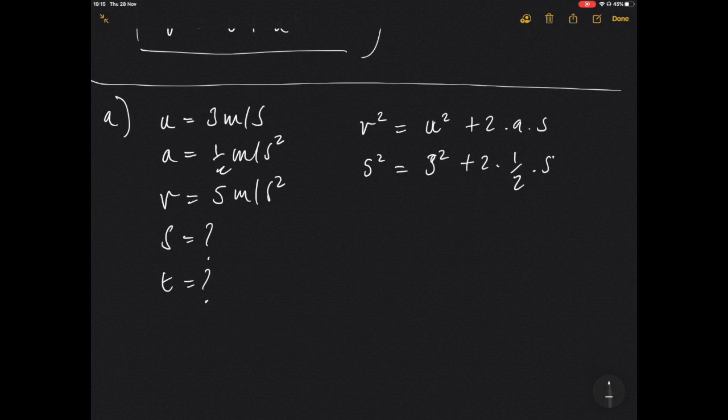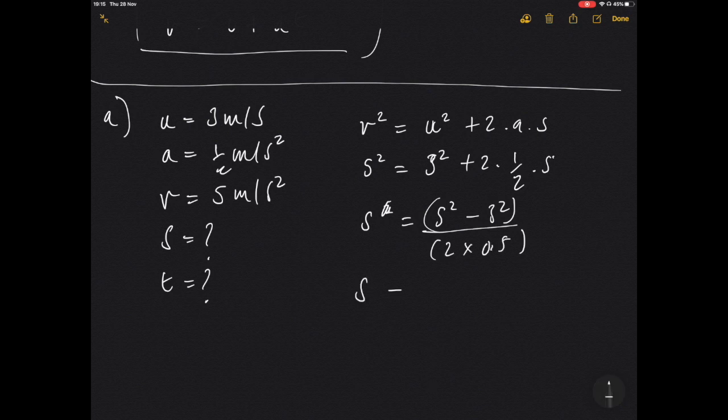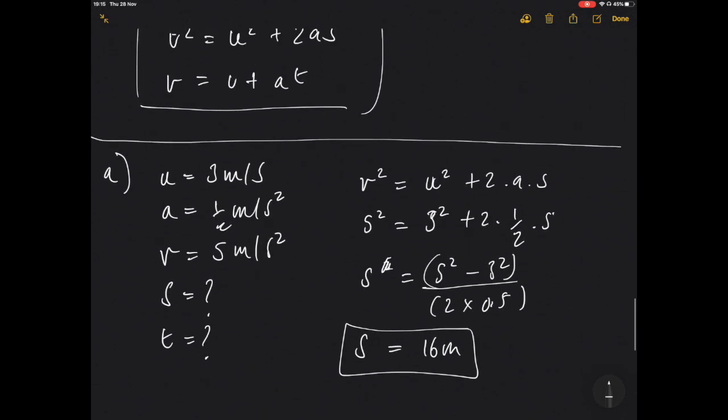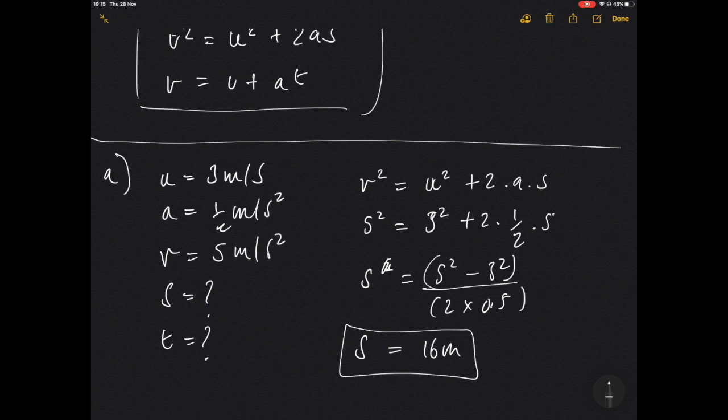If we rearrange that, s equals 5 squared minus 3 squared, all divided by 2 times 0.5, and our answer s is equal to 16 meters. So all we're doing is sticking this into the equations. It's just simultaneous equations.